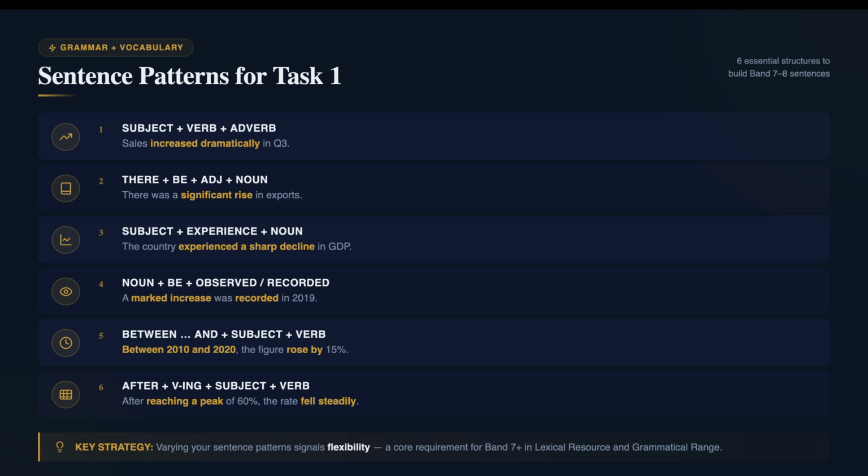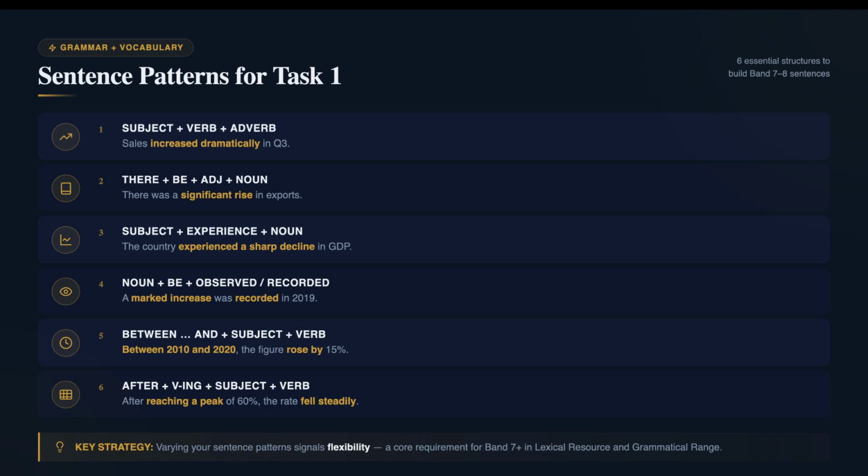Okay, let's have a look at sentence pattern and structure number 5. We have between, followed by two years, and then followed by subject and verb. For example, between 2010 and 2020, the figure rose by 15%.